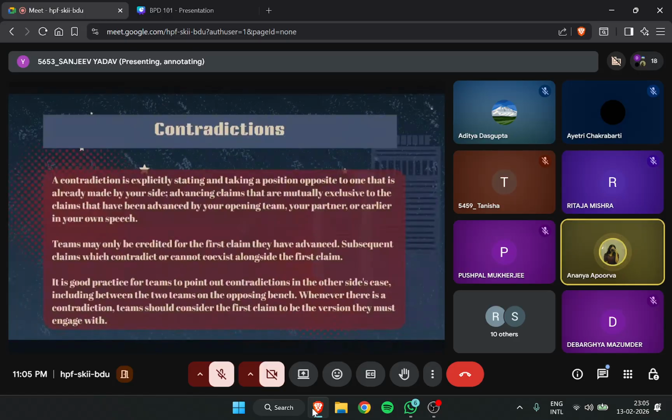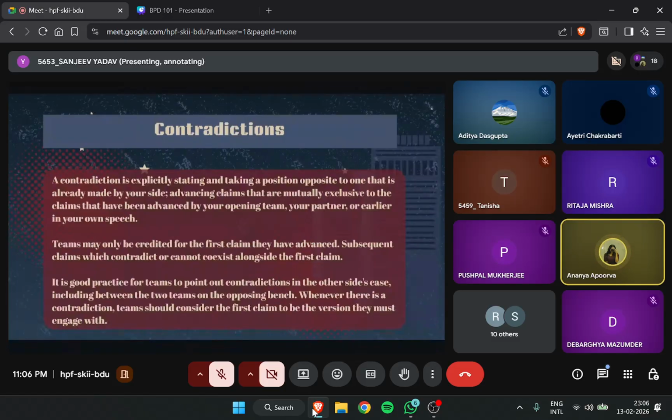So in case a contradiction actually happens, what happens then is that only the first claim, that is maybe the claim from the opening half, if the closing half opposes it or contradicts it, is credited. The first claim that is made about a particular topic will be credited, and the second or contradicting claim will not be credited, because that is simply unfair to the other teams.